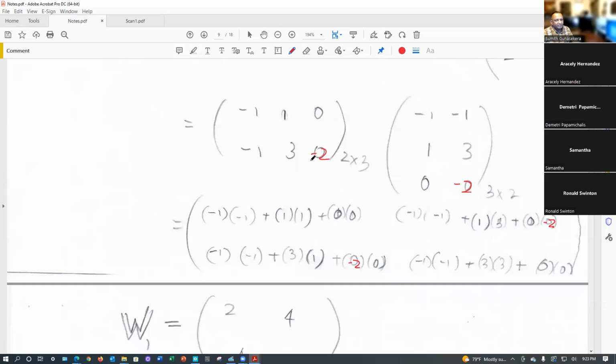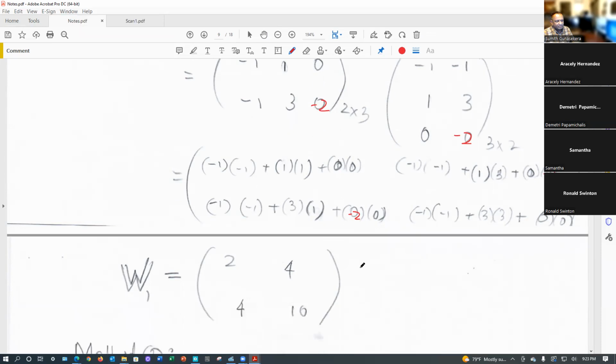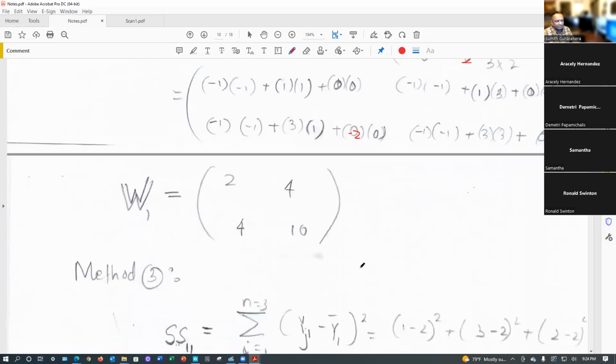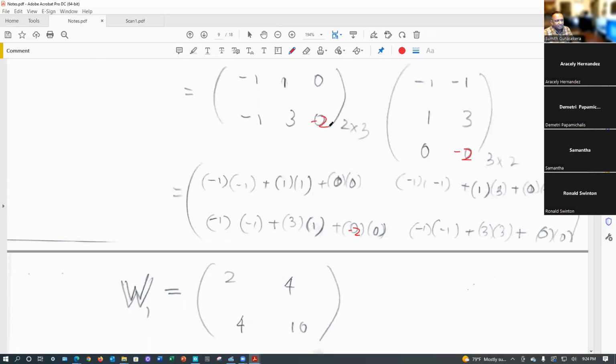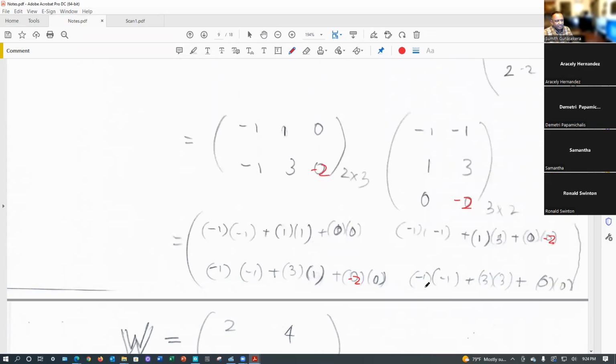Yeah, this one is not right. Okay. Then negative 1 to negative 1, 3 to 3, negative 2 to negative 2.